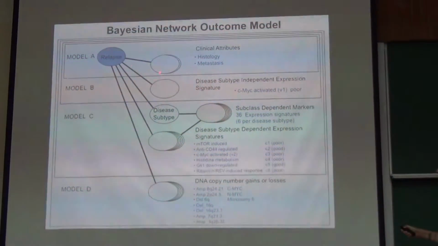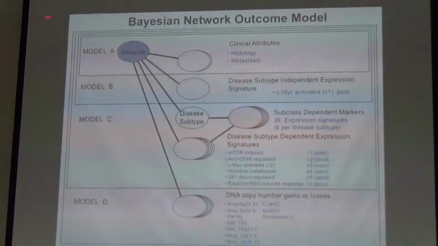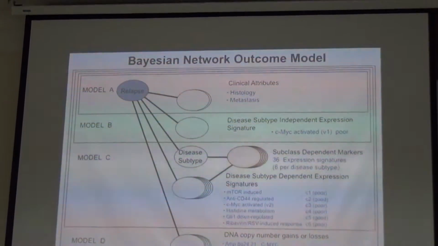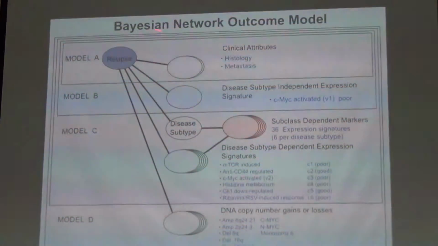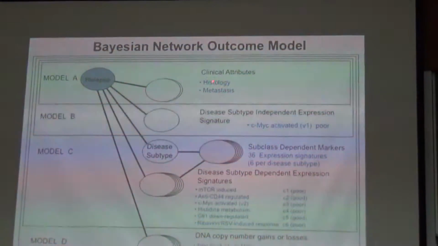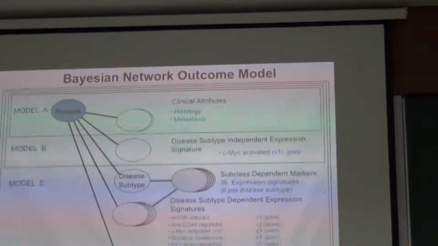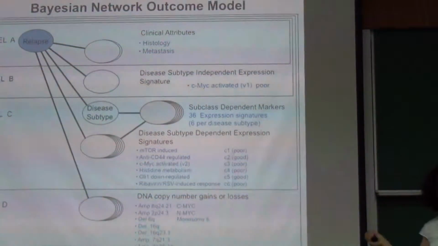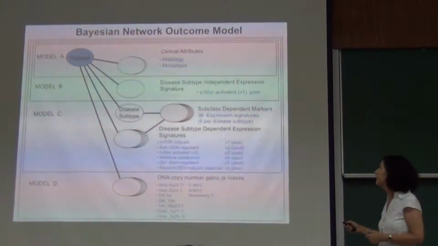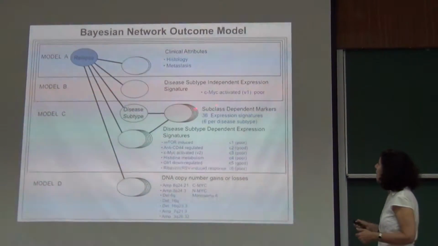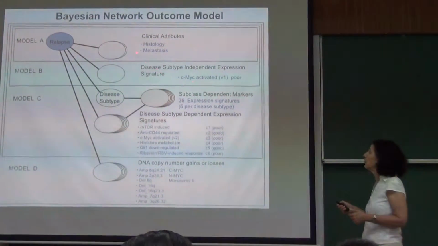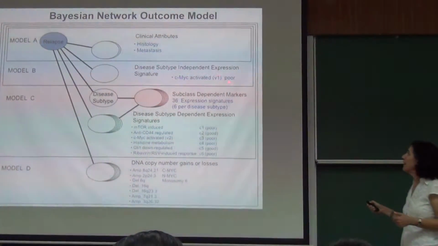All right. So the first model, remember I said they were nested models that added types of features and numbers of features. So the first one just depends on the clinical attributes of histology, which is what does the sample look like under the microscope, and metastasis, whether it's spread from the brain. Model B adds a subtype independent signature, which is CMYC activation.